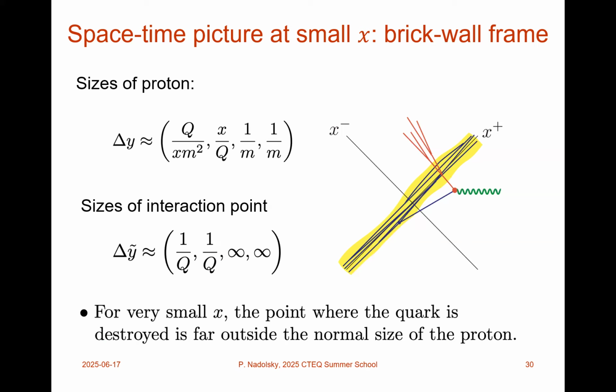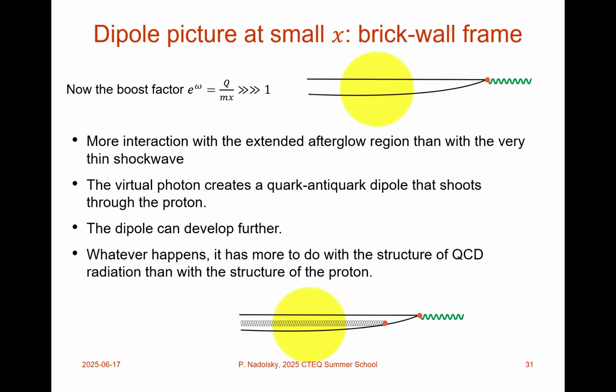The picture that I described, which is called the dipole picture, will not exactly work there. Why is that? Because now look at the boost factor. The boost factor I was showing you is equal to Q divided by m times x. So with a small x, the boost factor becomes tremendous. It is enhanced both by Q and 1/x.